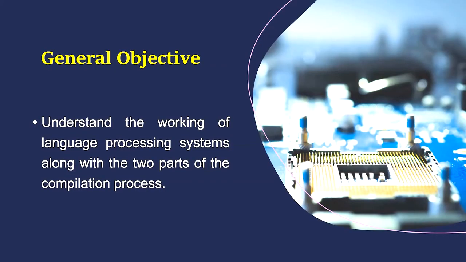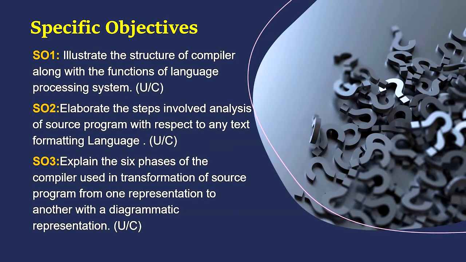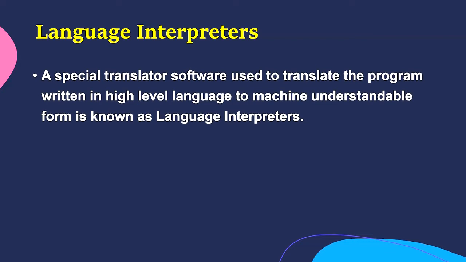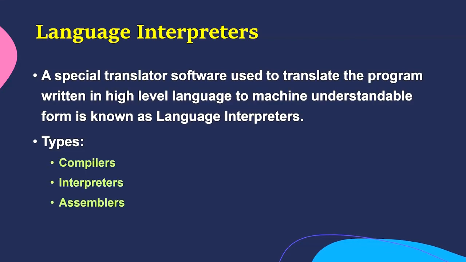So the general objective is, today we are going to understand the working of the language processing system along with two parts of the compilation process, and these are the specific objectives. First, language interpreters. The language interpreters are of three types: first, compilers, interpreters and assemblers.